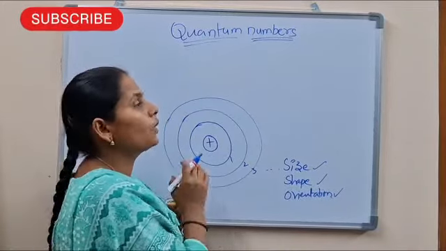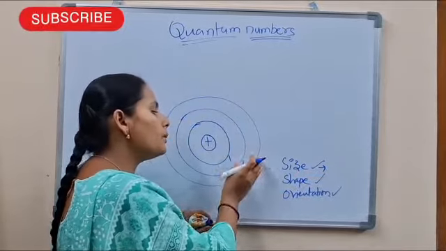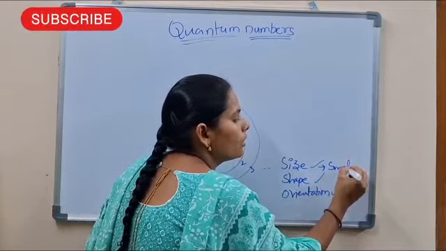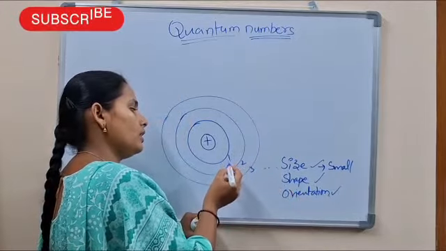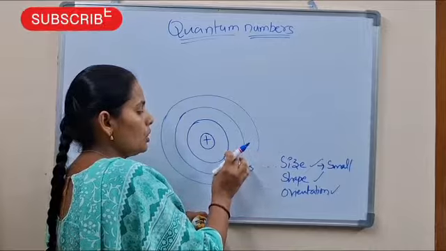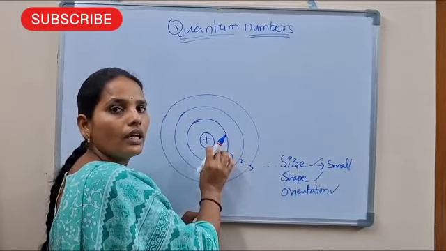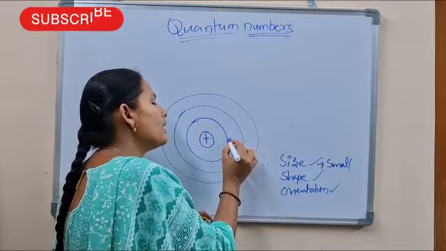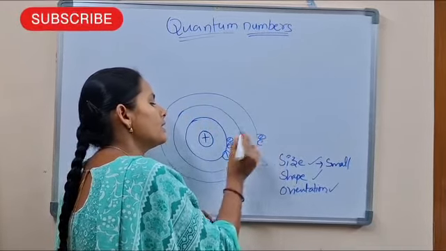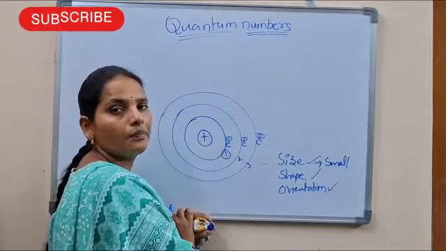By using the quantum numbers. If the orbital size is small, suppose 1, its size is small compared to 2. A small orbital is nearer to the nucleus, and there the possibility of finding the electron is very easy.